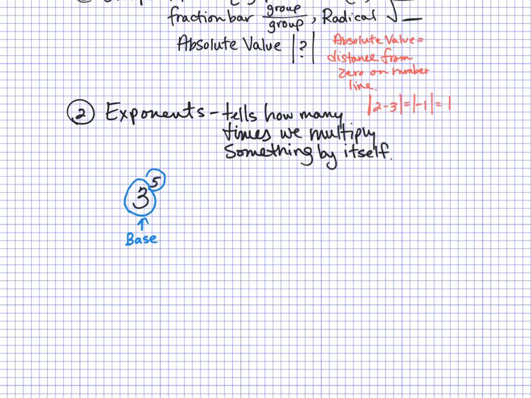And the small thing that's up in the upper right, it's always written in the upper right, is called the exponent. And together, a base and an exponent form something called a power. So we have the base, which is being raised to some exponent, and together the base and the exponent form something called a power.